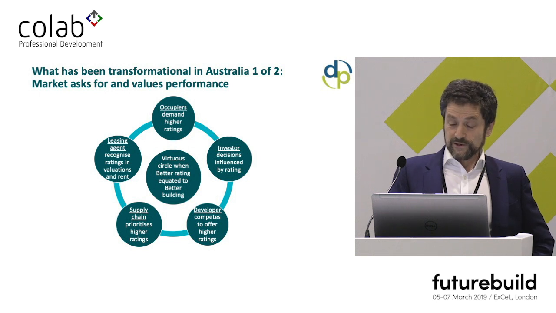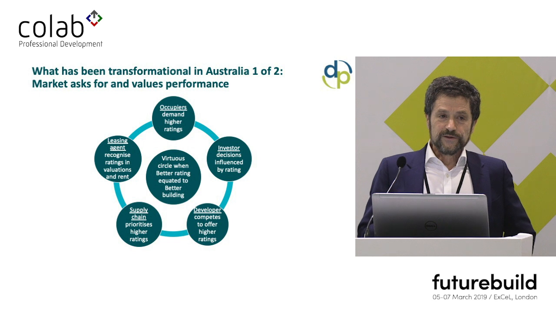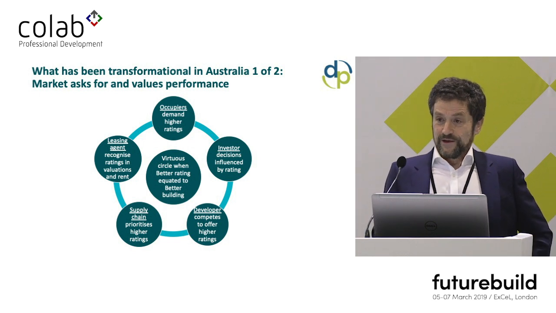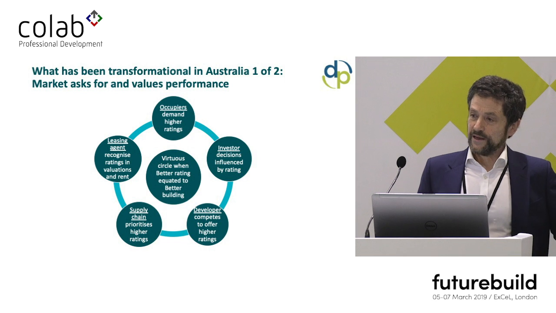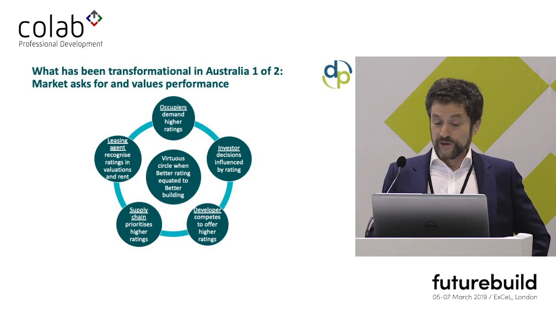Developers are then obviously going to try and produce better rated buildings, and the supply chain is required to deliver better rated buildings, and eventually the letting agents will recognize that better rated buildings have a rent premium and a value premium, and the whole thing goes round and round in circles, and it's win, win, win, win, win for everybody.